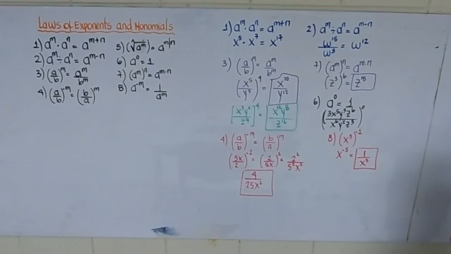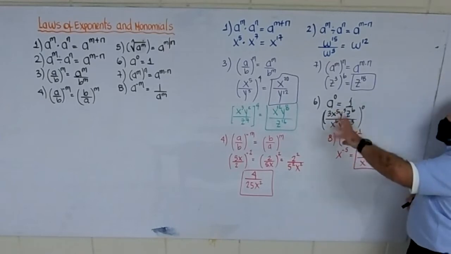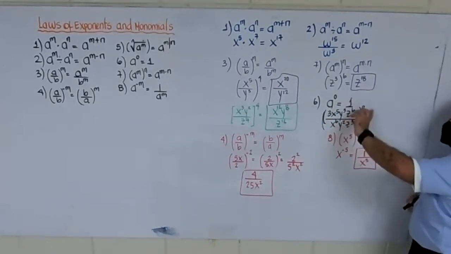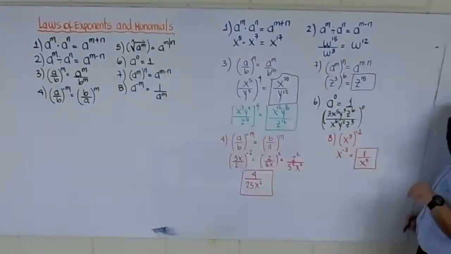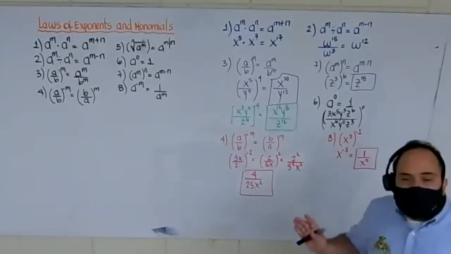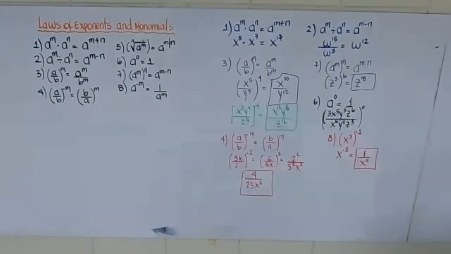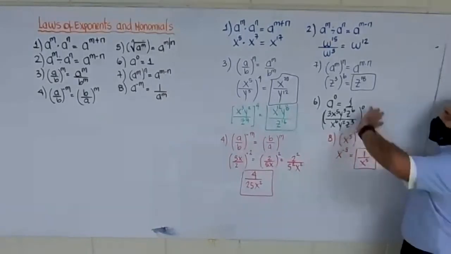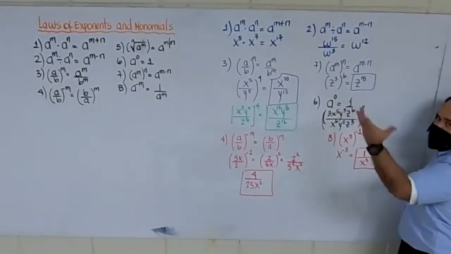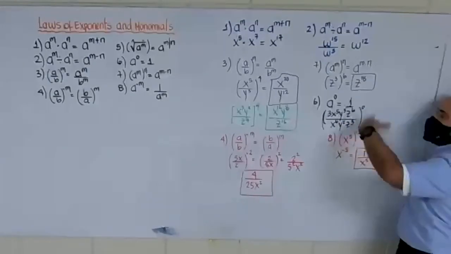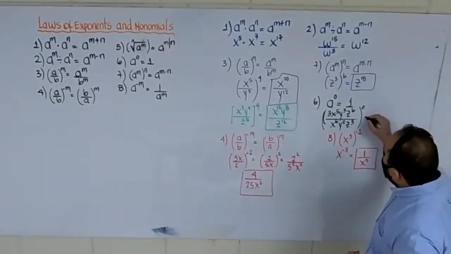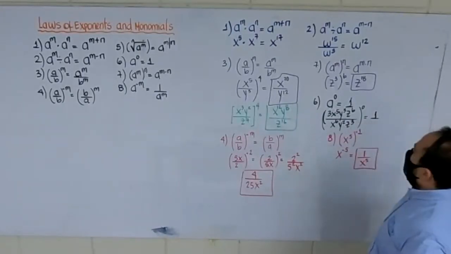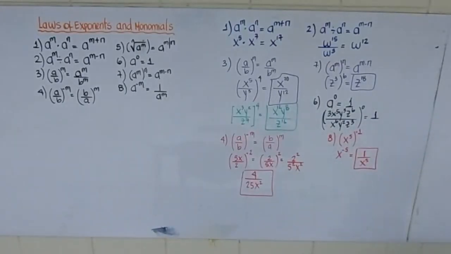Oh, you're going to see what a mess, because we have a division, we have powers, but all of that will be elevated to the 0 power. You don't need to complicate that one, because postulate number 6 says any base, it doesn't matter how complex it is, elevated to the 0 power, the answer, without exception, will be 1.